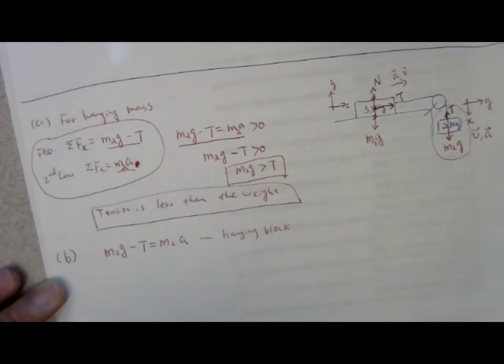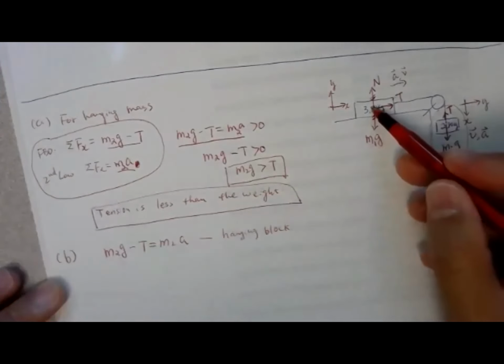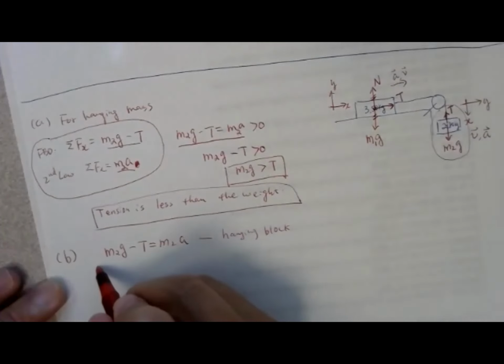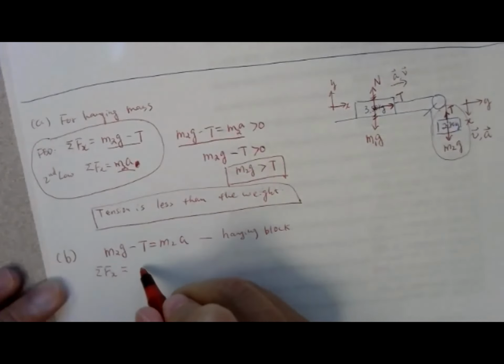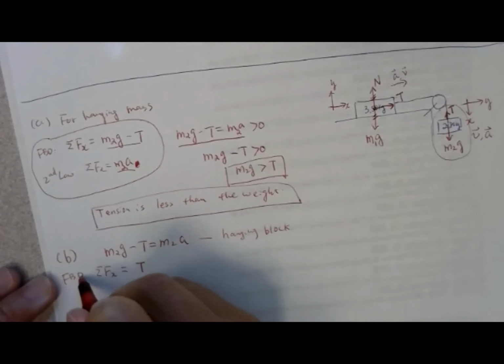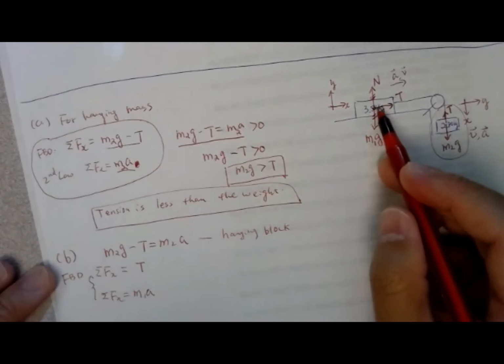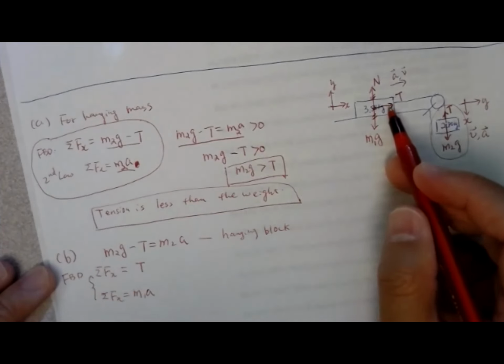All right. Now let's look at the block on the table. Its net force should be just this T, right? Because these two cancel out. So net force is equal to T, again from the free body diagram. And then from the second law, net force is equal to M1 times A, so the net force should be equal to the mass times its acceleration.